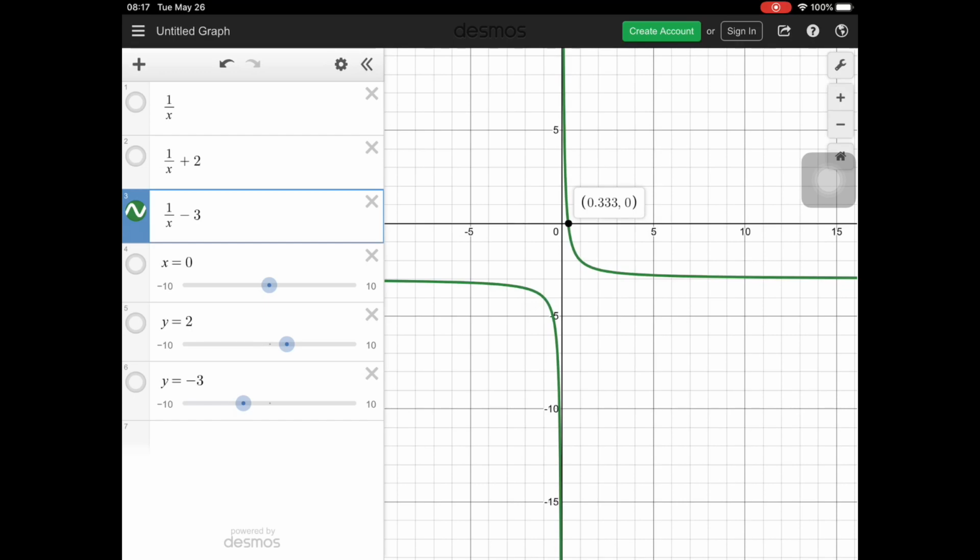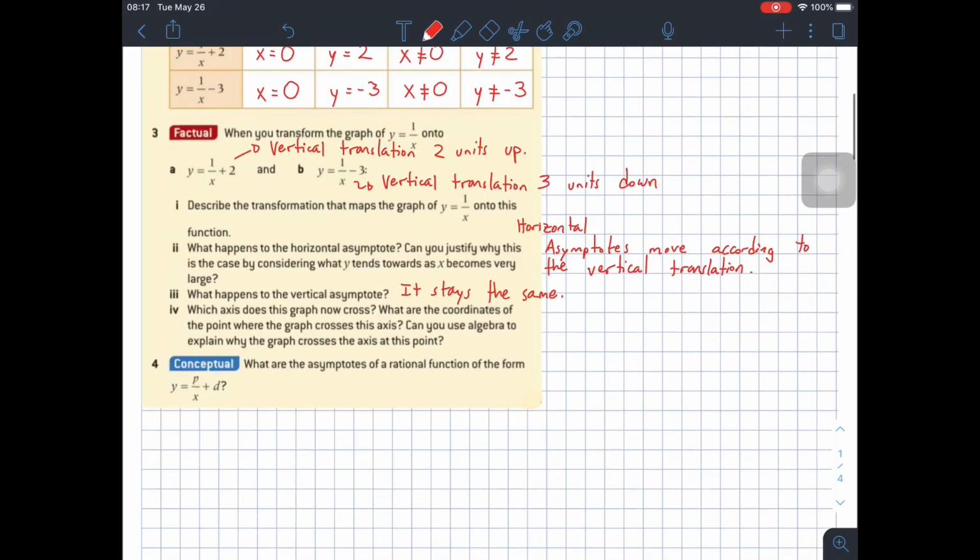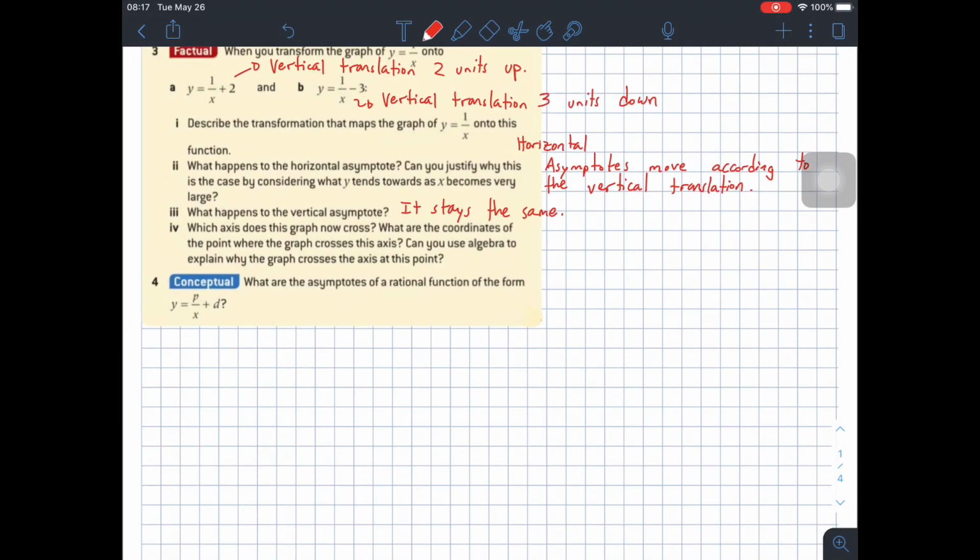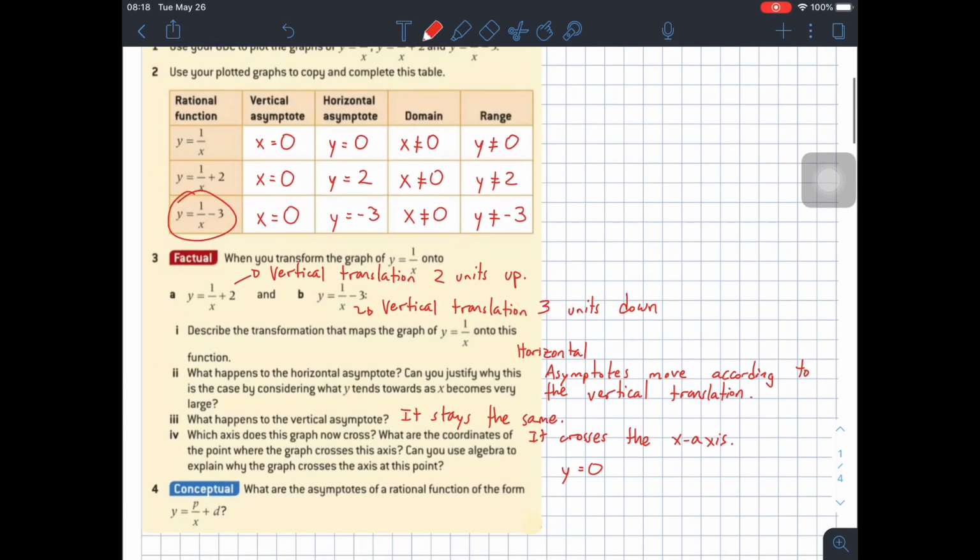And how can we calculate that? Well, let's answer this. It crosses the x-axis now. And how can we calculate the value where it crosses the x-axis? Using the property, right? If it crosses the x-axis, it means that y should equal 0, right? And if y is 0, let's use this third function here.